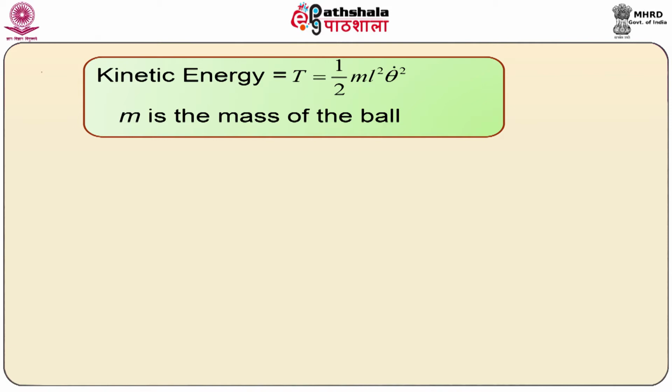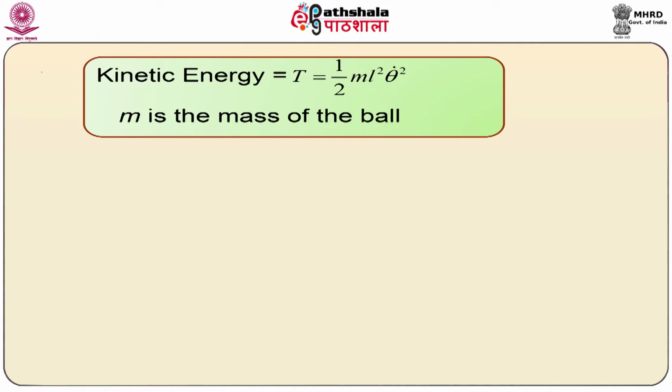Since the radial velocity is r dot, here r is equal to L, so r dot vanishes, whereas cross radial velocity is r into theta dot, which gives L into theta dot as r equal to L. So the cross radial velocity is the only non-zero velocity of simple pendulum.